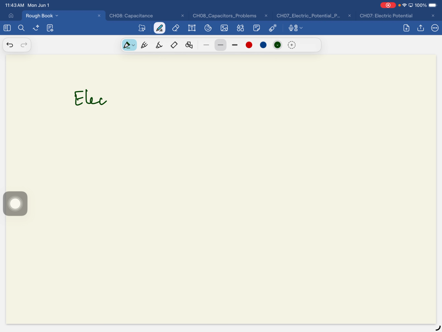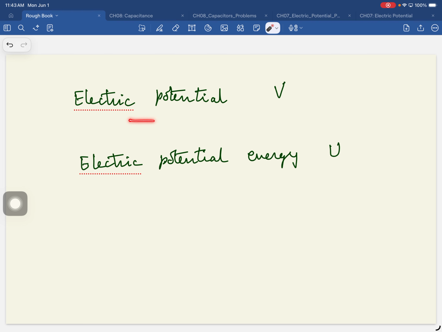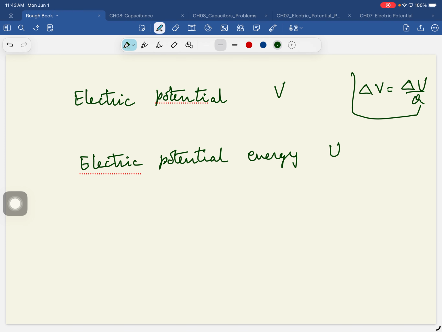All right, in a gravitational field, you don't have a positive mass and a negative mass. Mass only falls in one direction. Okay? In an electric field, you have a positive charge and a negative charge. A positive charge falls this way, a negative charge falls that way. So, with respect to mass, all you had to do was define potential energy. But because you have two kinds of charges, you have to define potential energy and electric potential.